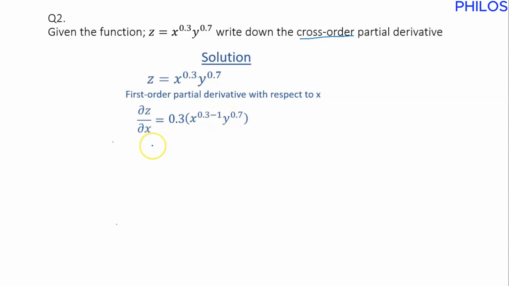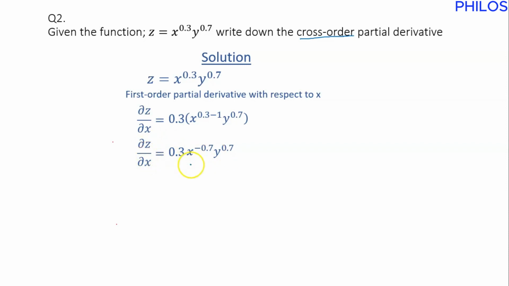Okay, so let's simplify further. So partial z partial x will be equal to, now 0.3 minus 1 should give you negative 0.7. So that will give us 0.3 multiplying x exponent negative 0.7 multiplying y exponent positive 0.7. So this is the answer to partial z partial x.